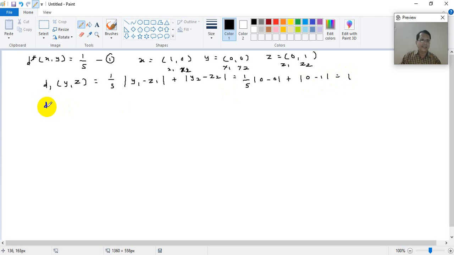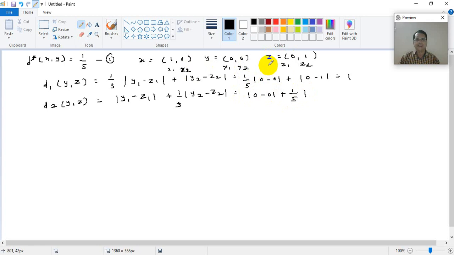What is d2 yz? d2 yz will be mod of y1 minus z1 plus mod of y2 minus z2 into this 1/5 here. So what is y1 minus z1? 0 minus 0, so it is mod of 0 minus 0 plus 1/5 into mod of y2 minus z2, that means 0 minus 1 mod, so it will be also 1/5.